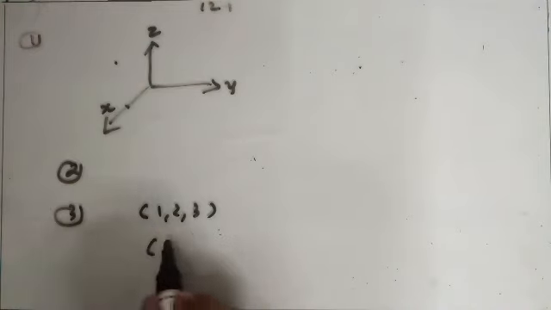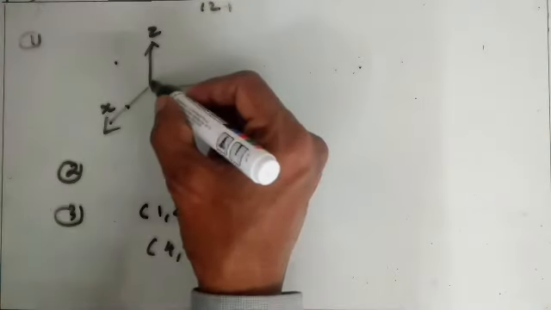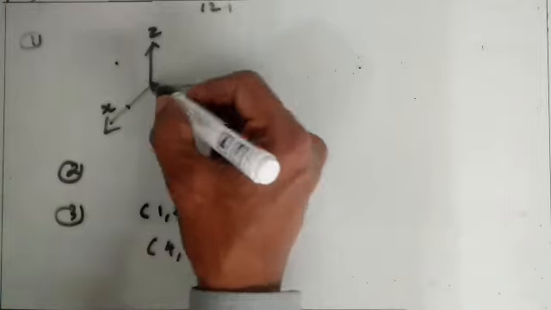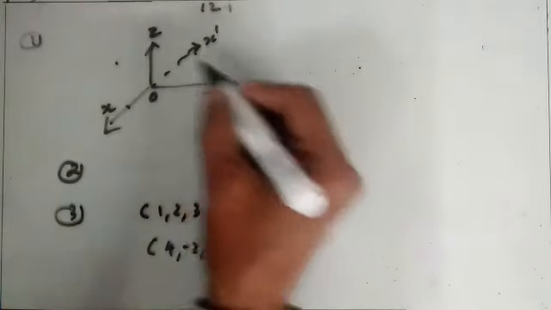Similarly, for 4, minus 2, 3, here x coordinate is negative, y and z positive, so this point lies in x dash o, y, z, that is in the second octant. Similarly, we discuss the remaining points.